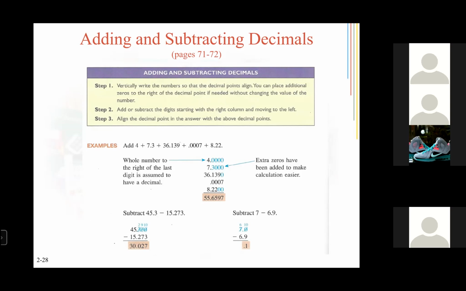They should all line up according to place value. The same thing applies for subtraction, okay? So you make sure they line up according to their place, and then you just do your regular addition or subtraction to get your answers.